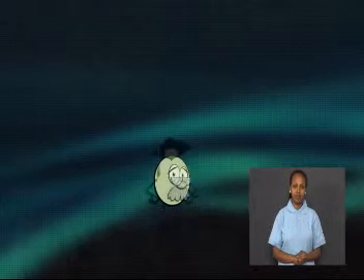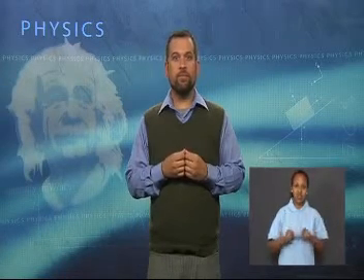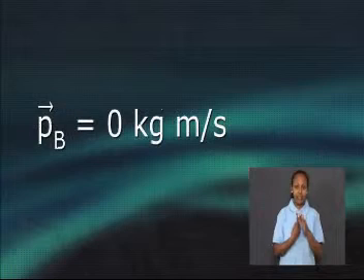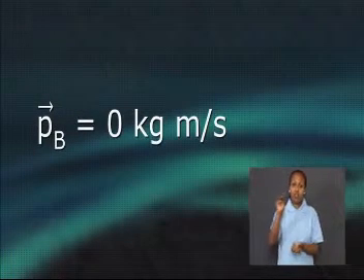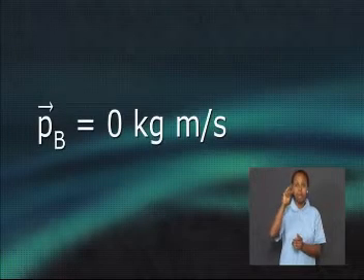Time's up. Let's get back to our lesson. We are ready to continue, everyone. First, let us determine the momentum of the system. To begin, we can conclude that the momentum of the second ball is 0 kilogram meters per second.